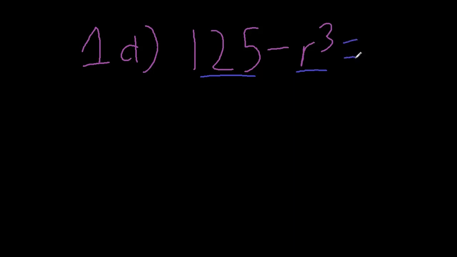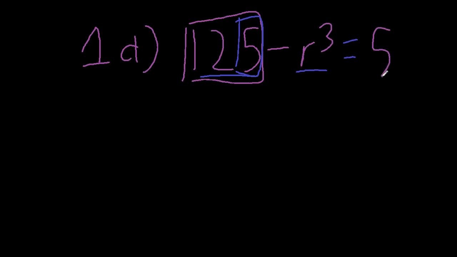So the first thing I'm going to do is rewrite this problem. So what number times itself and times itself again will give me 125? I'll give you guys a hint. It has something to do with this number right here, the number 5. It is 5 cubed.